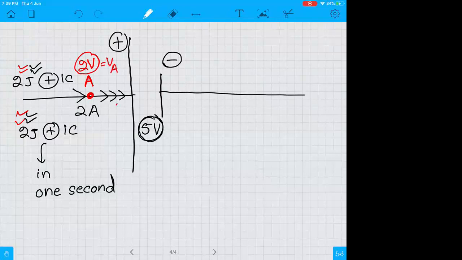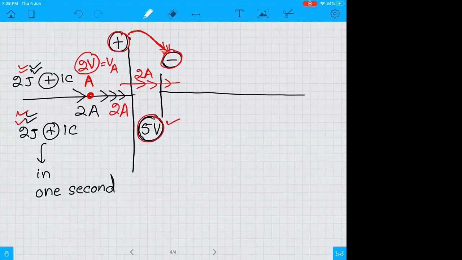Now this current of 2 ampere is moving from the positive terminal towards the negative terminal. When the current is moving from high potential to low potential, the charges will lose energy. So it is moving towards depth. From high potential towards low potential, energy will be lost by the charge. Initially the charge has 2 joules of energy. It will lose an energy of 5 joules.